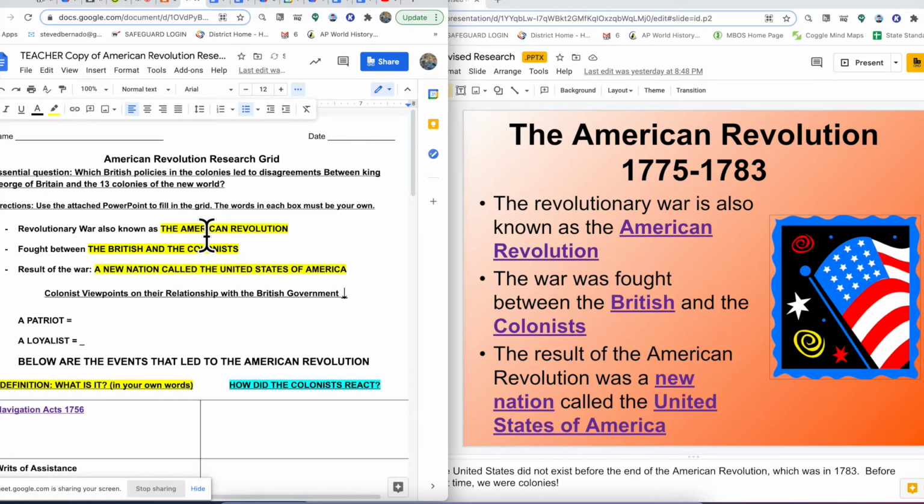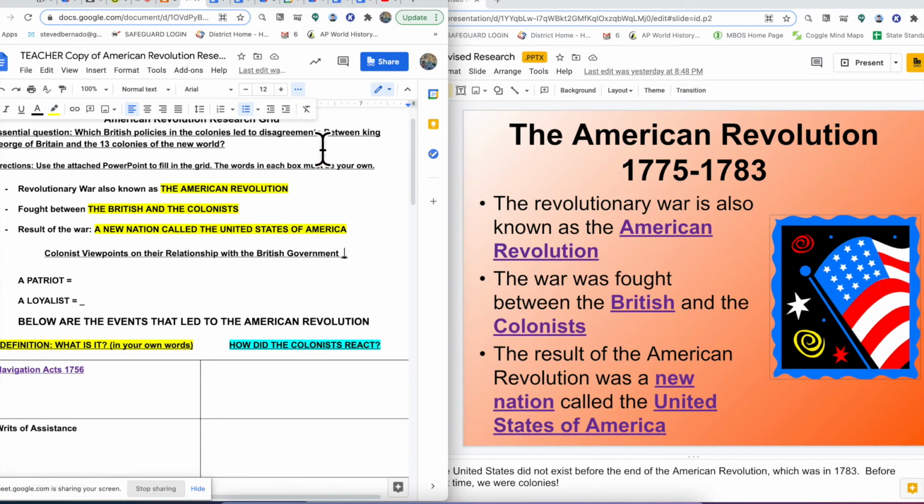And we have our basic facts. Okay. Moving on to the next section.